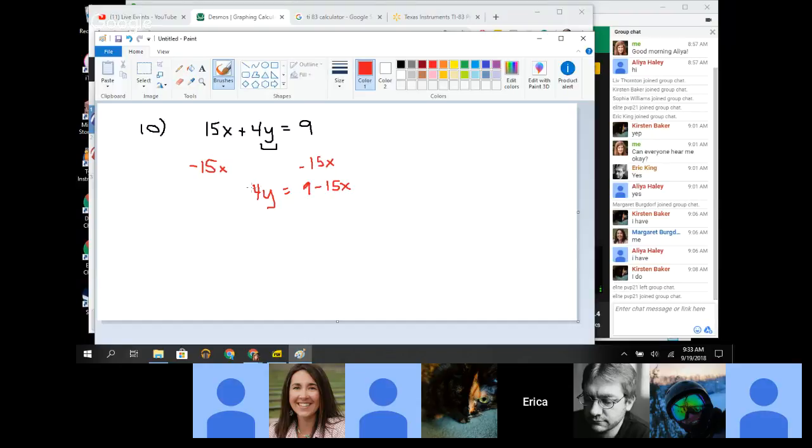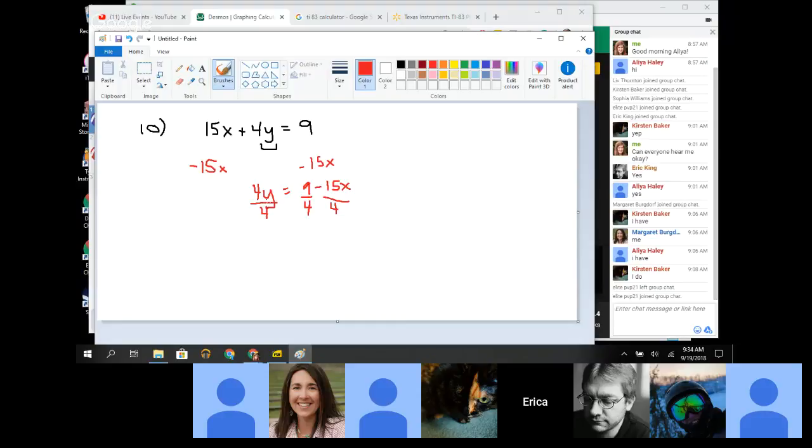So in order to undo that, I want to divide everything by 4. Because if I have 4 divided by 4, that's just going to give me 1. I also have to divide everything on this side of the equation by 4 as well.